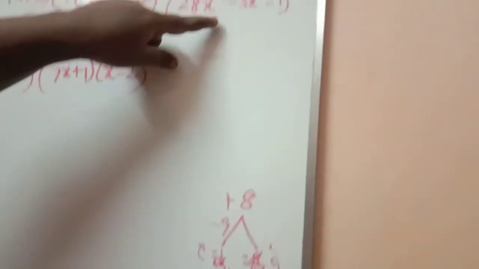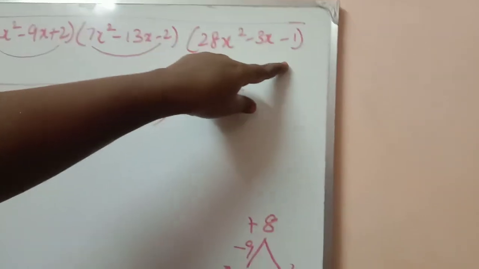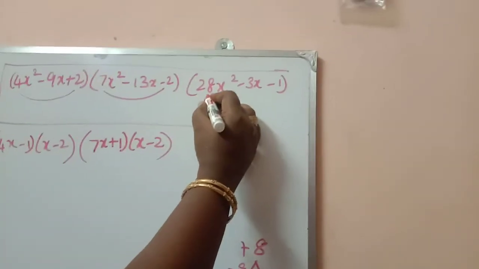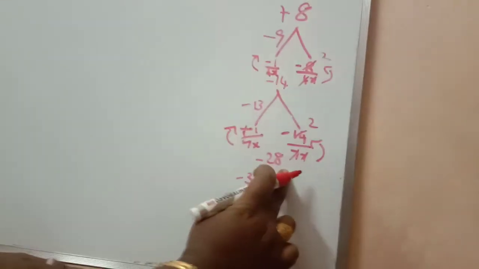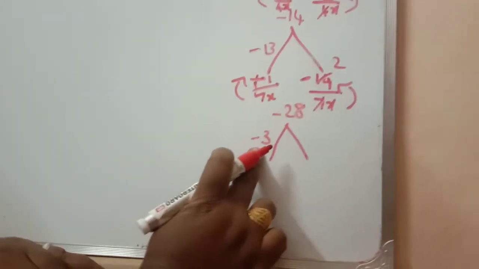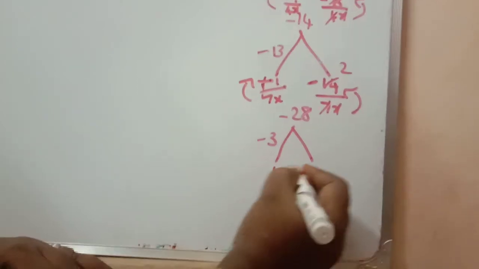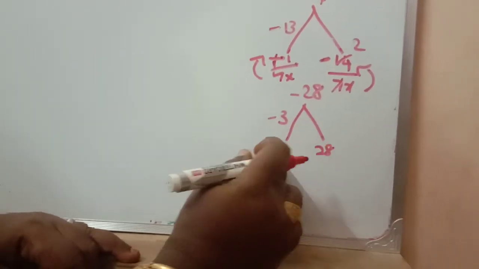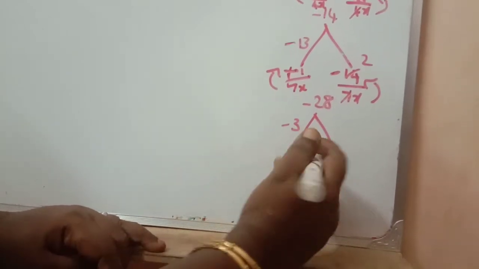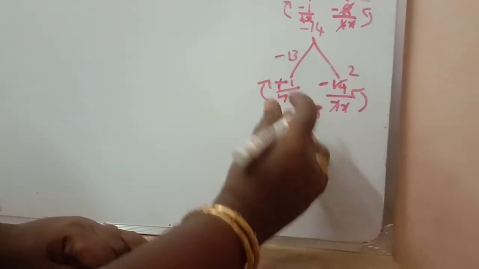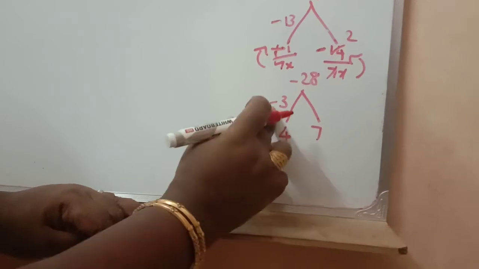Next, the third one, 28x square minus 3x minus 1. So multiply coefficient of x square with the constant, we will get minus 28, and coefficient of x is minus 3. So 1 28, if you add 29, subtract 27, we cannot get 3. Next, 4 table, 4 sevens are 28. If we subtract, we can get 3.